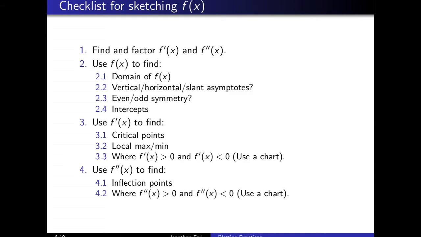Then we'll pick off any asymptotes, identify any symmetry and also intercepts, so places where the function crosses the x-axis, and also the x equals 0 point is usually the other one. From the first derivative, we'll do what we just did. So we'll find critical points, local max and mins, and also where the function is increasing, decreasing. And then for the second derivative, we'll find inflection points and where the second derivative is increasing and decreasing.